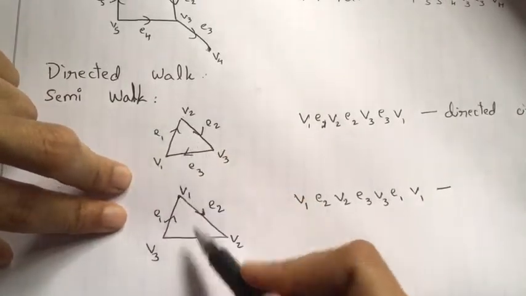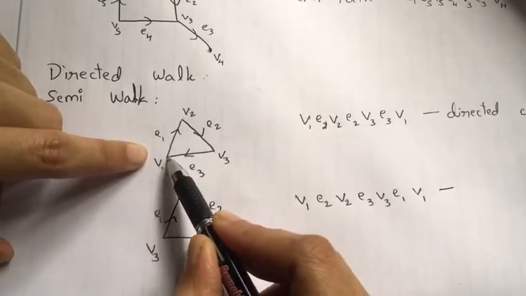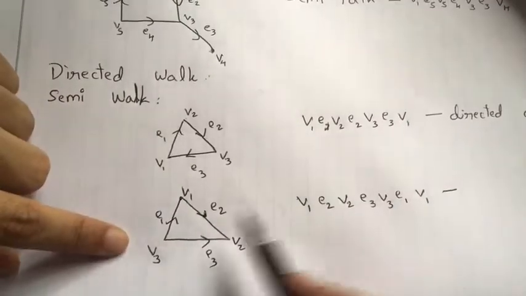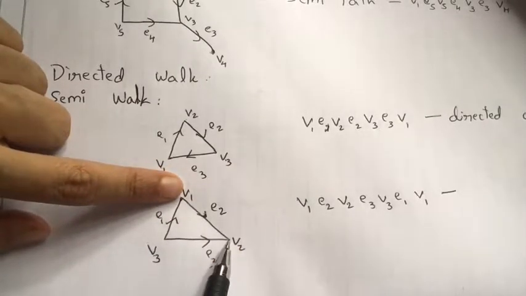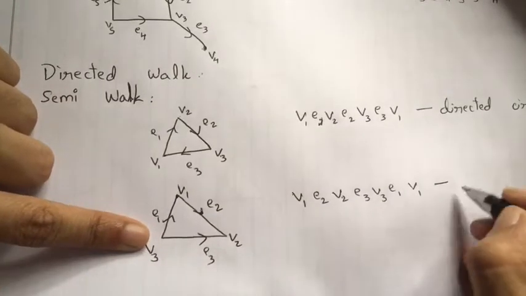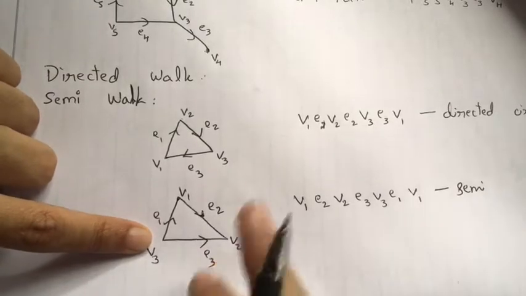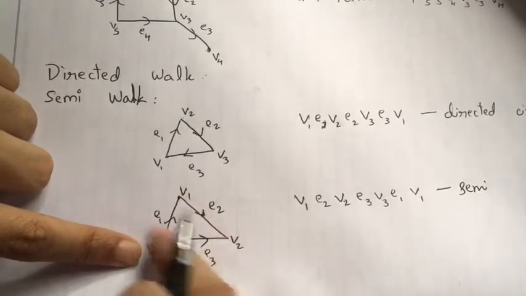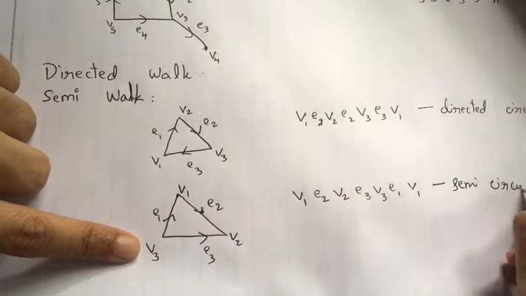Both are circuits only, but this one has proper orientation, therefore this is a directed circuit. And in this case, I'm starting from V1, taking this way and this way, but here this is the opposite direction. Therefore, even though this is a circuit with directed edges, the orientation is not proper, so we call it a semi-circuit.